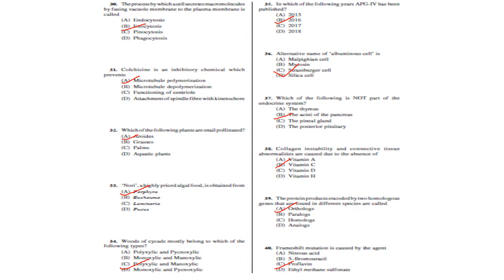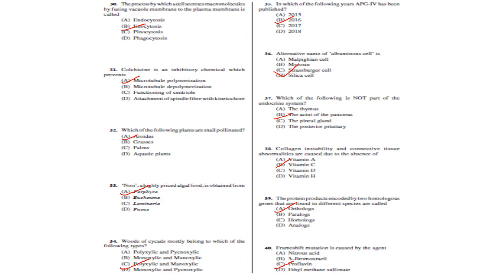Then what are paralogs? They are homologous genes that have evolved by duplication and code for proteins with similar but not identical functions. Then what are homologs? It is a type of gene that is inherited by two different species that evolved from the same ancestor, such as in the case of house cat and leopard, they share a common ancestor. What are analogs?